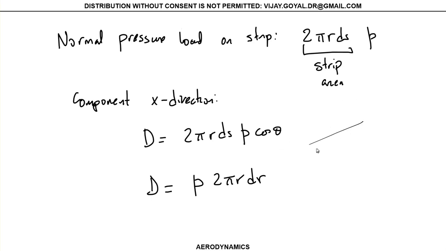You can separate this. This is your dr. This is your total ds in this location. This is theta. You can do your angles and solve for that. So then this is what I would say is my drag acting on the strip.